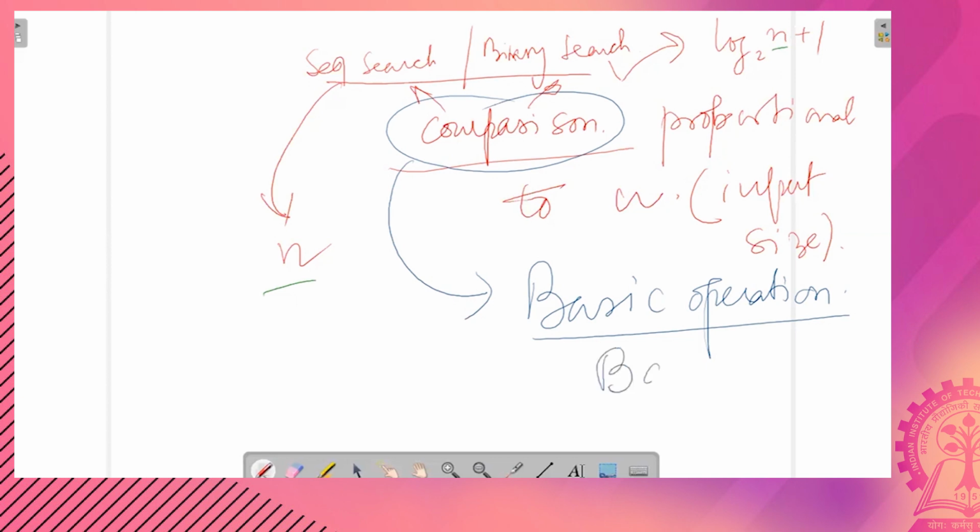In short, I will be calling this basic op all through the course. A basic op is the minimal computation that you need to execute an algorithm, and the number of basic ops that you need to do is typically proportional to the size of the input.